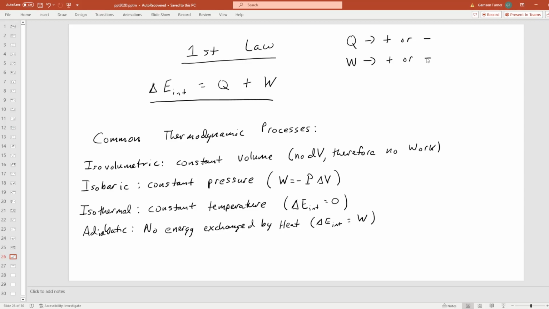Okay? So, the amount of heat that your system exchanges with the environment plus the work that's done will be your total change in internal energy. Okay? So, this is the first law of thermodynamics.